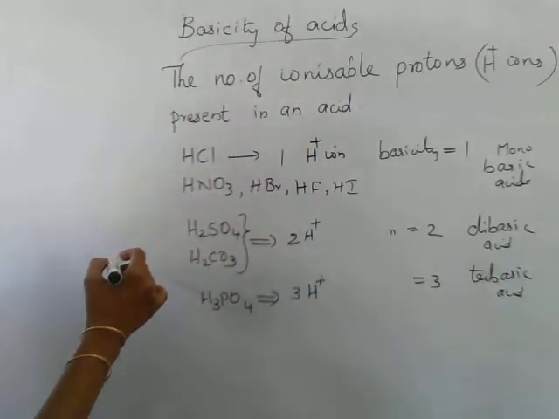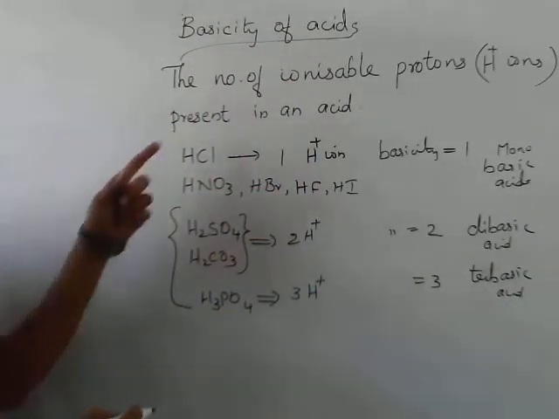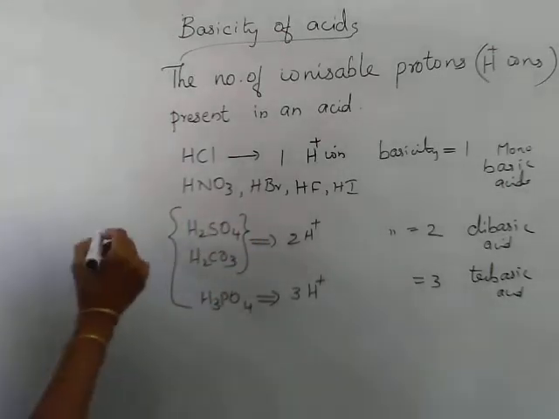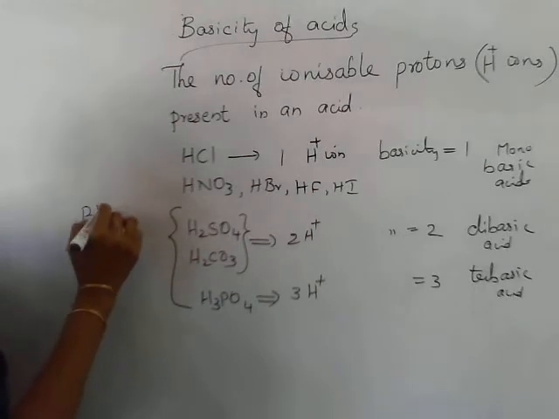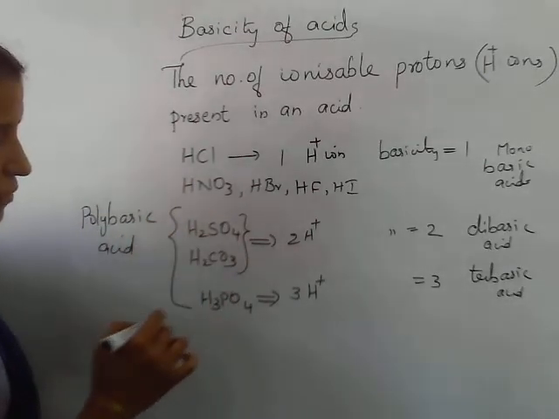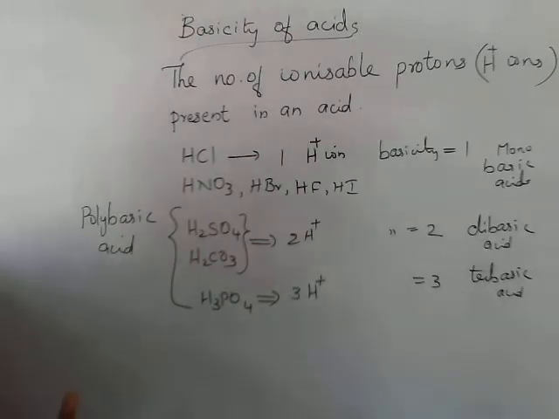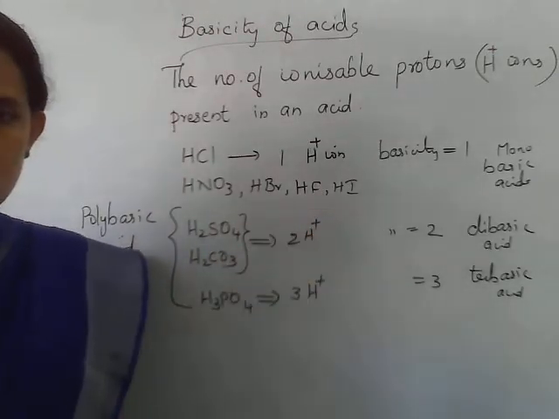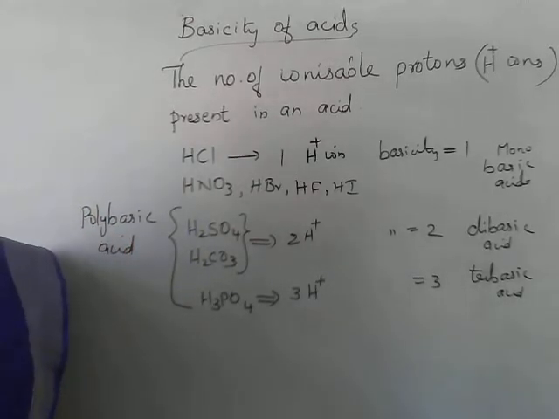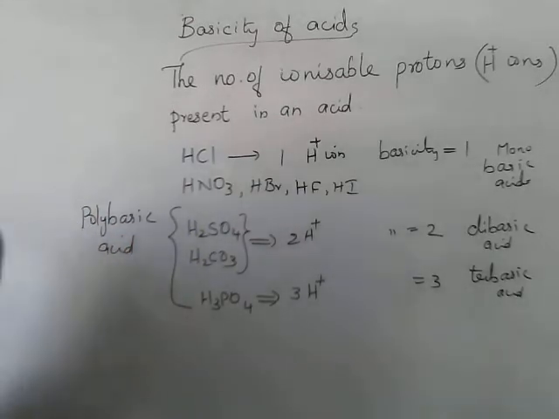Or generally, if the basicity is more than 1, if basicity is 2 or more, they are called polybasic acids. So these are examples of polybasic acid. Basicity 2 or more than 1, polybasic acids.